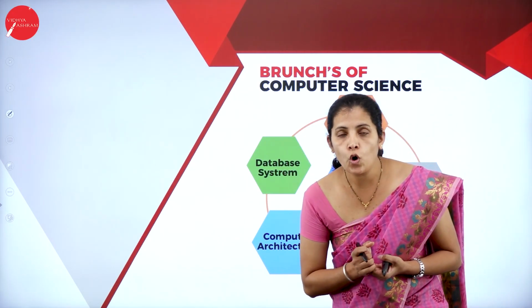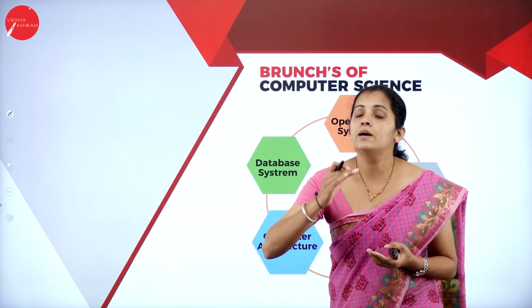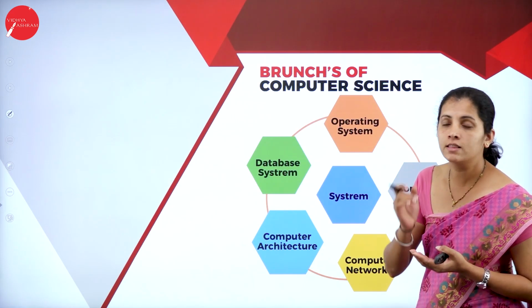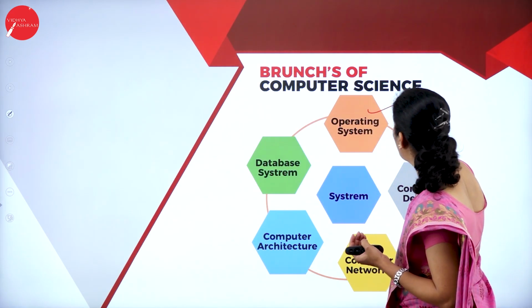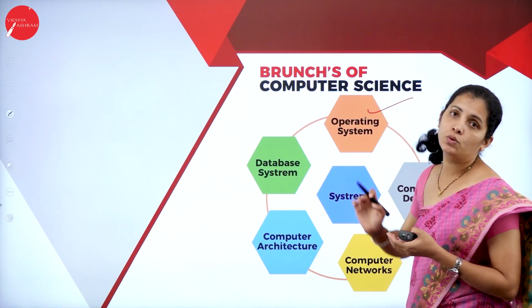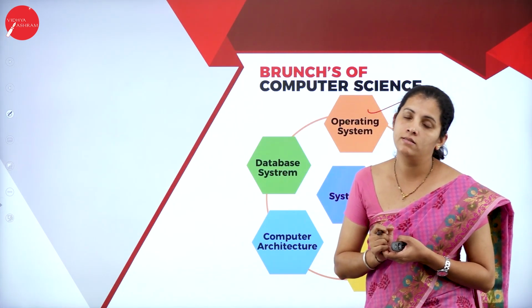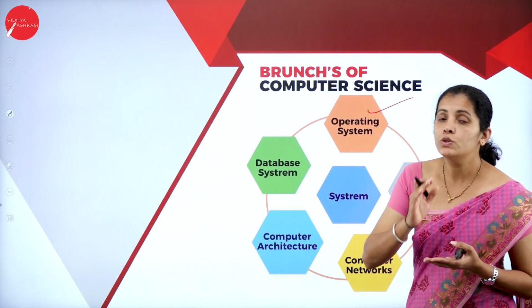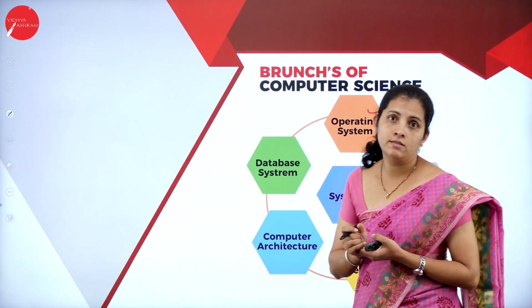So once you opt for computer science, we are going to have certain branches, like operating system. So you are able to develop an operating system. What is an operating system?